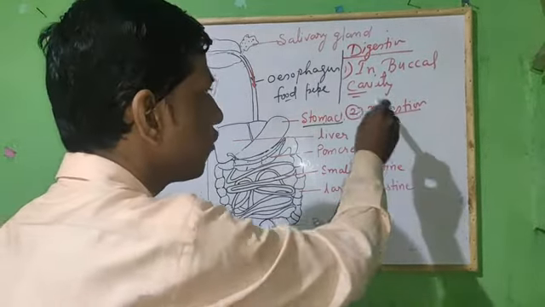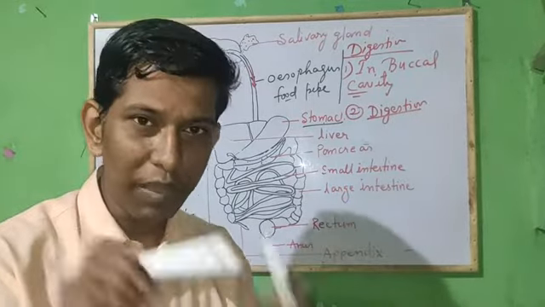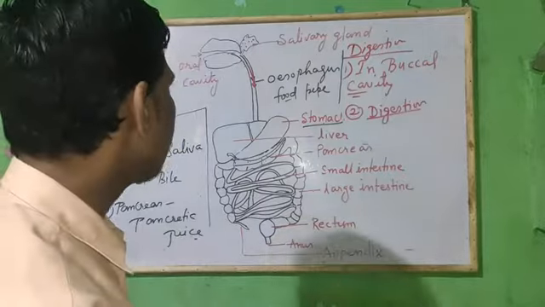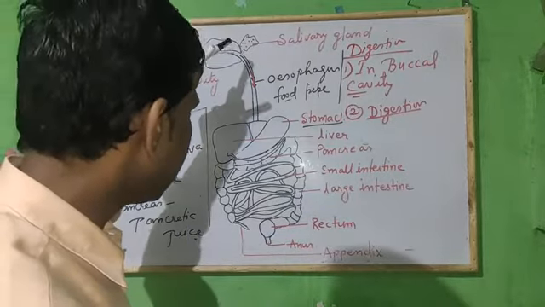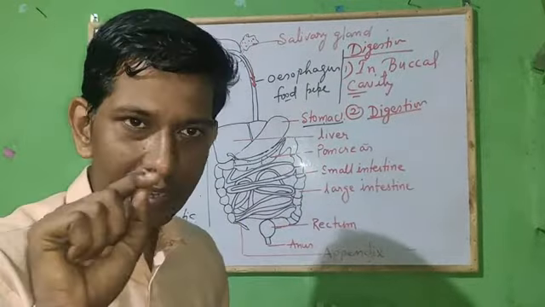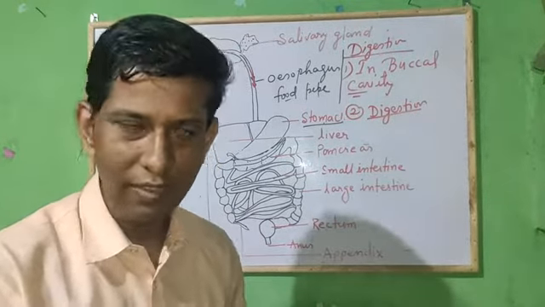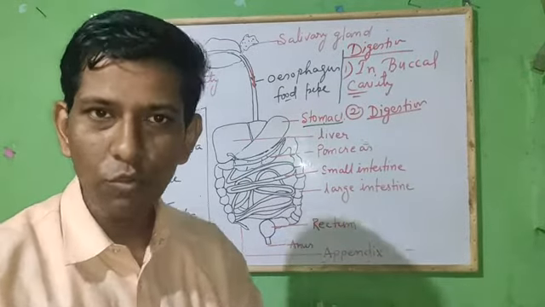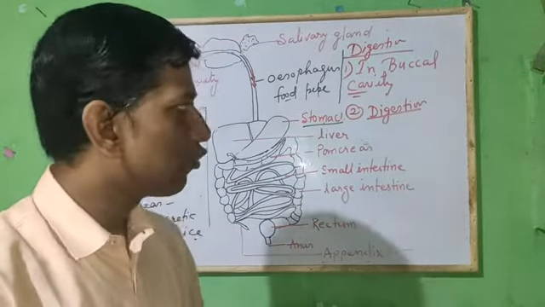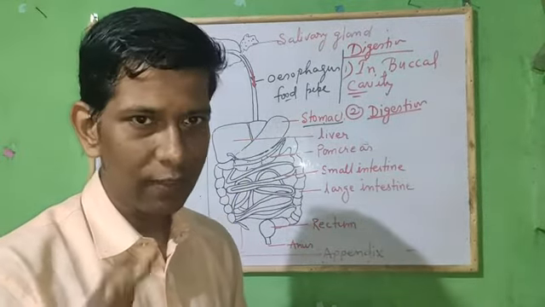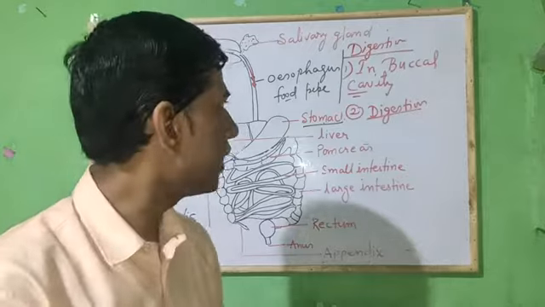Digestion takes place in the buccal cavity if the food is carbohydrate. The saliva contains the enzyme amylase, which acts on that food and converts it into a simple sugar, maltose. So some partial digestion related to carbohydrate takes place in our buccal cavity.